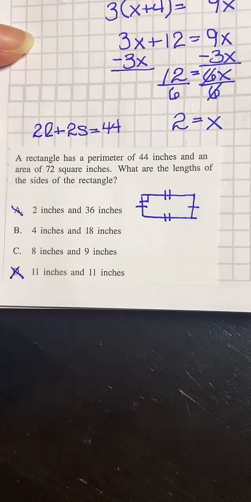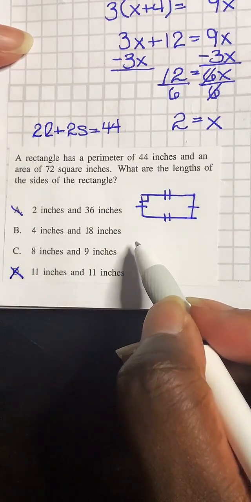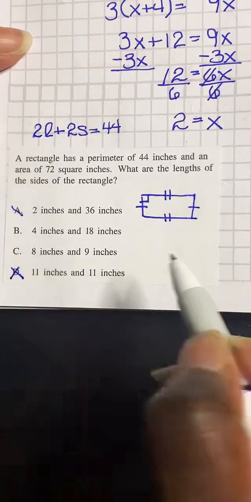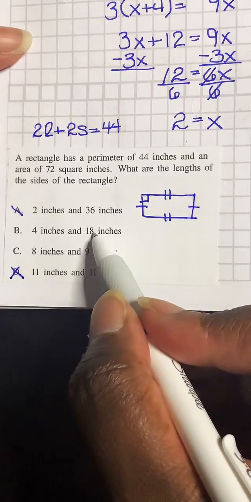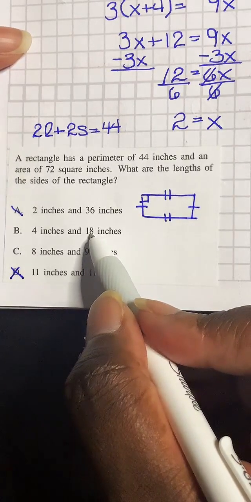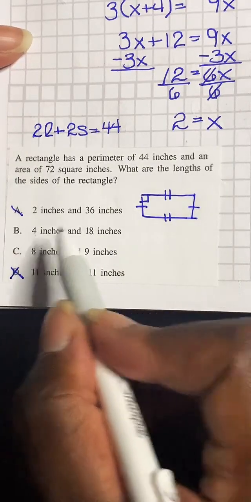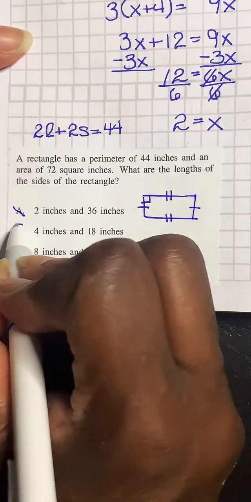So if I take that 36 plus 8, that gives me 44. Might be B. Because 18 times 2 gives me 36, 4 times 2 gives me 8, and 36 plus 8 will give me 44.